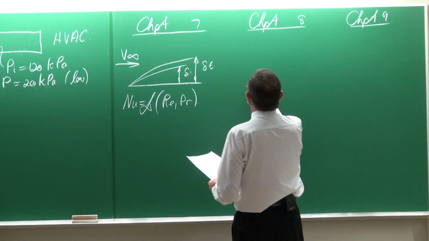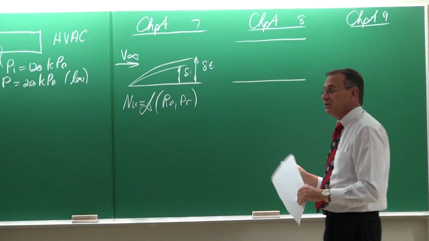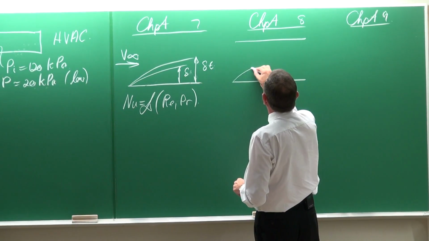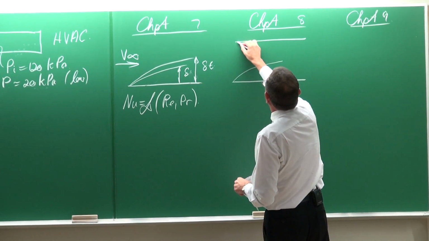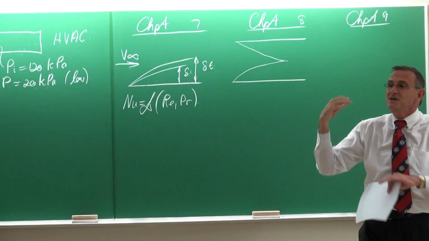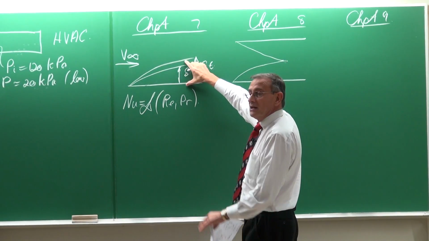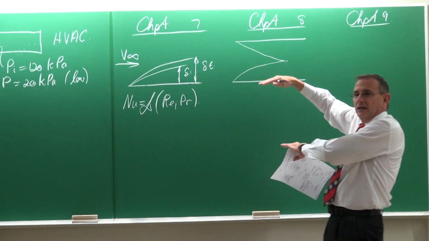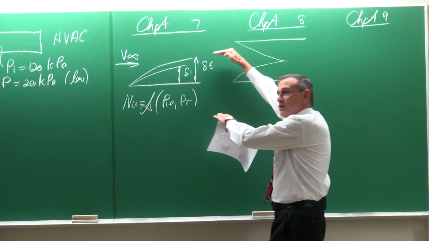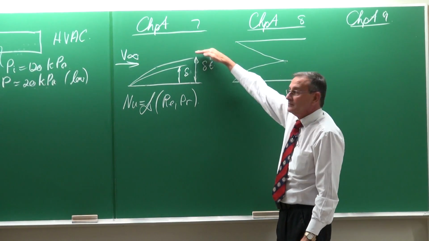Okay. What is now different with internal forced convection is that, again, boundary layers are going to develop, but normally, or in many cases, the two boundary layers are going to meet each other. While here, this boundary layer can grow infinitely. As long as this is a flat plate and you've got flow over it, the boundary layer is going to increase in height. So there's no limitations in the height.